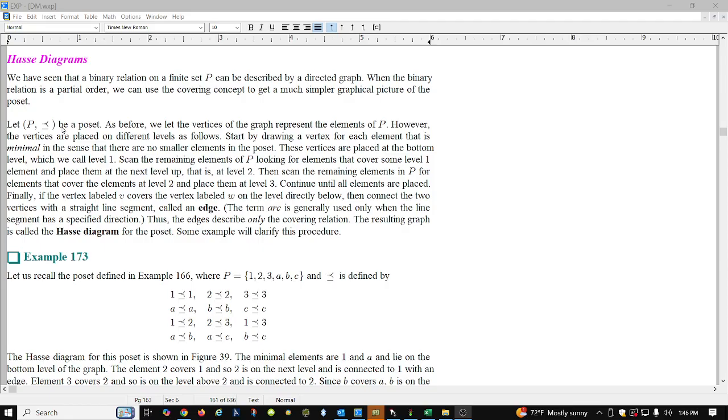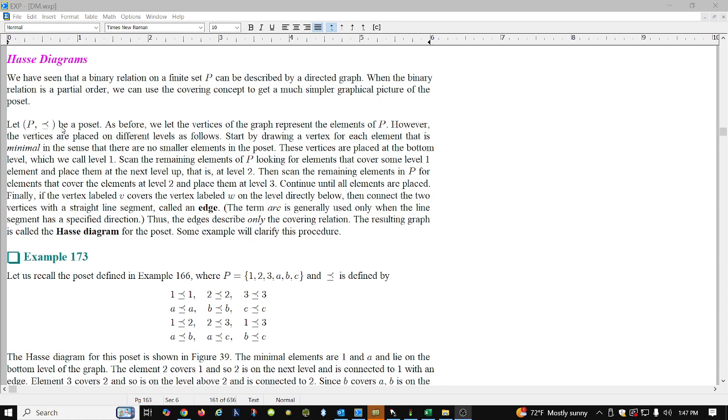Then we scan the remaining elements of P, looking for elements that cover at least one of the level 1 elements. And we place those on a line segment above the level 1 vertices. That's level 2. Then we repeat the process, climbing to higher and higher levels, using the covering relation. Since we're assuming P is finite, we will eventually be finished with that process.